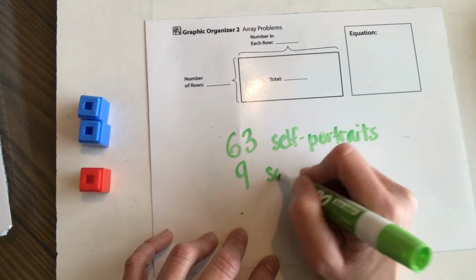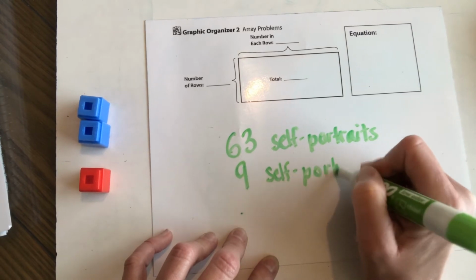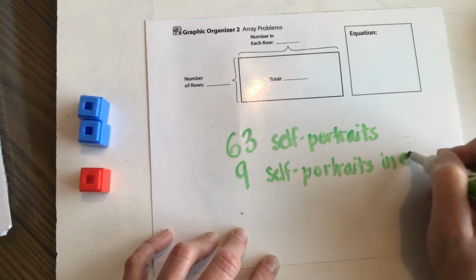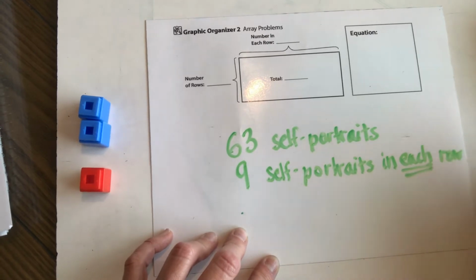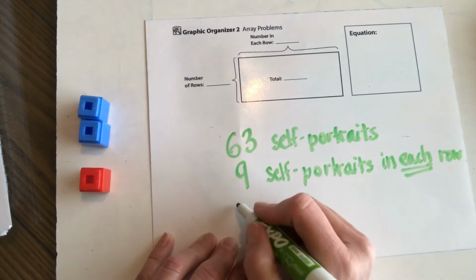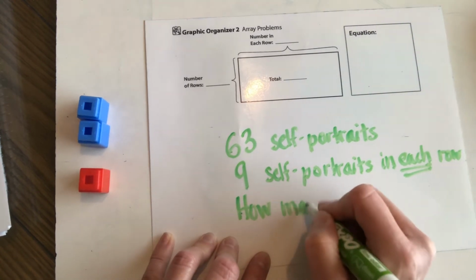Well, we're talking about self-portraits. So there are going to be 9 self-portraits in each row. Remember that each is important. How many rows will be in their display?